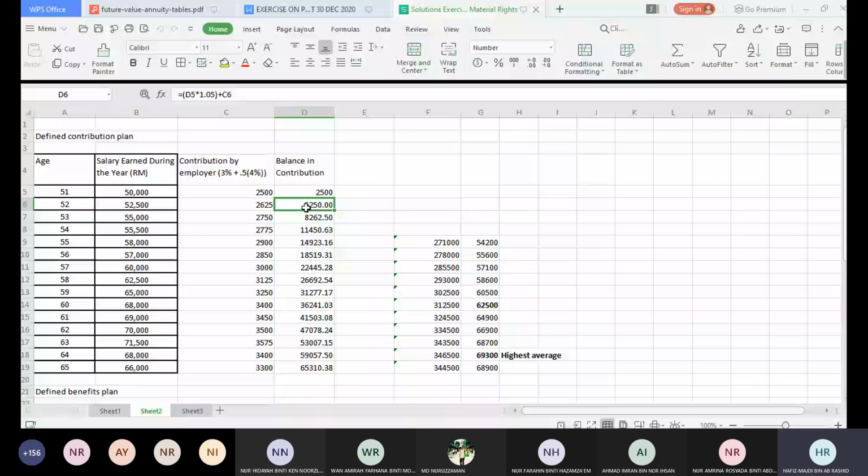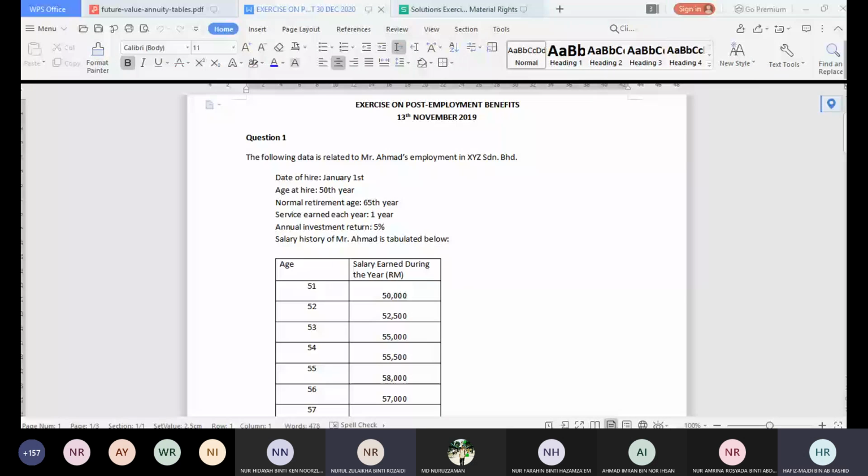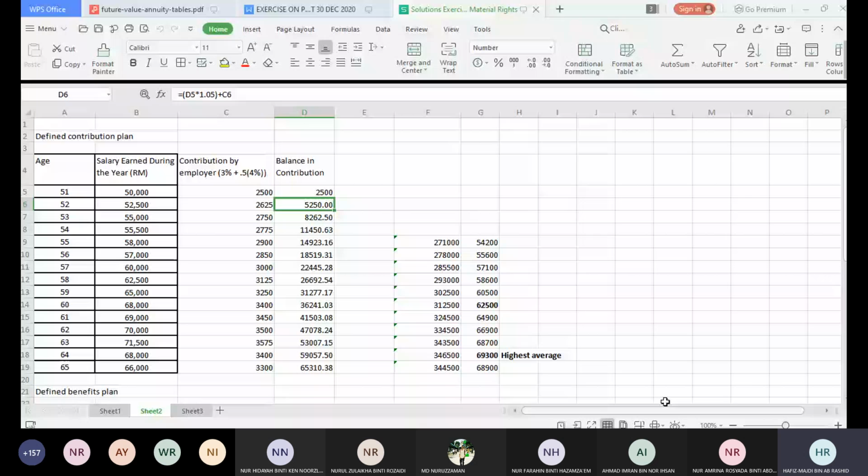Now we go to a bit more difficult issues. Can you repeat, if the employee contributes 2%?